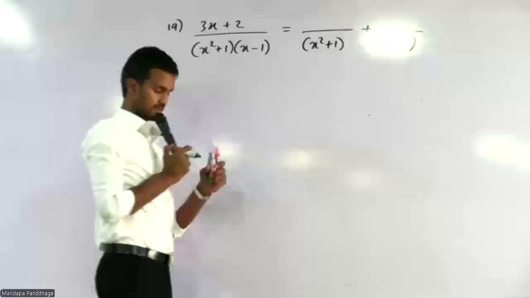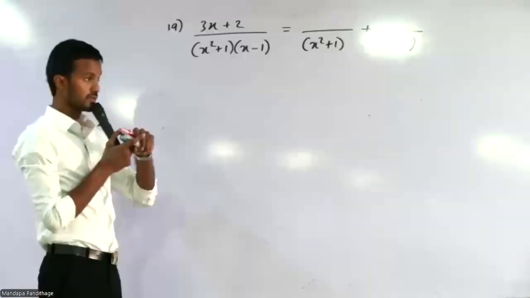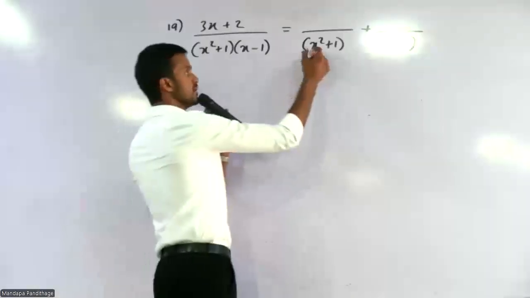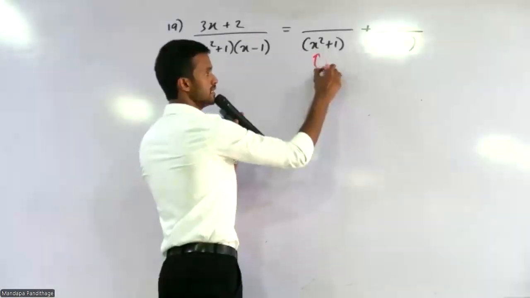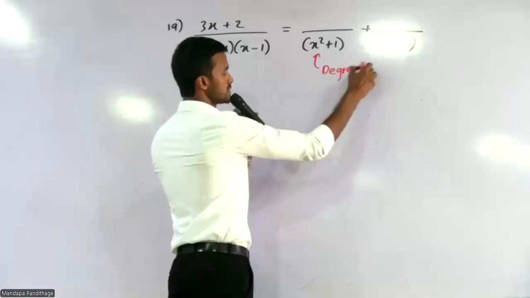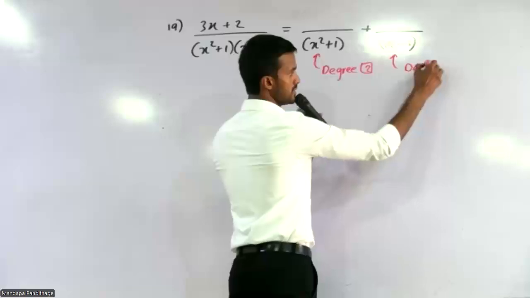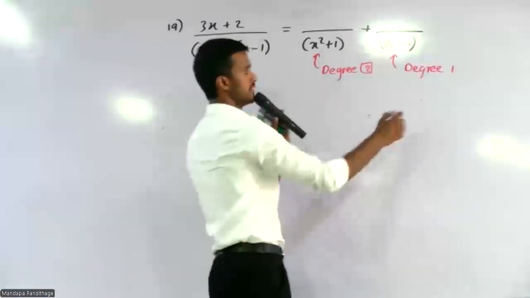The only change here compared to the things that we have done before is that the degree here is 2. I told you the degree is the highest power. Here the degree is 2, a second degree polynomial, and here the degree is, as usual, 1.